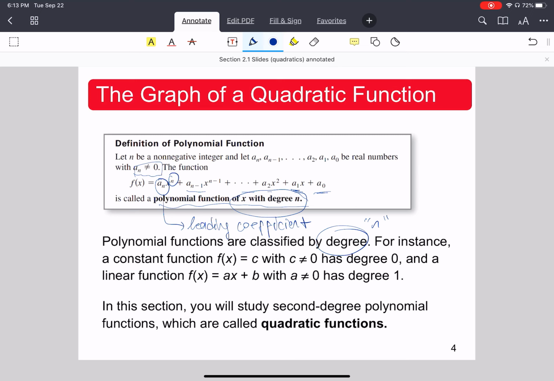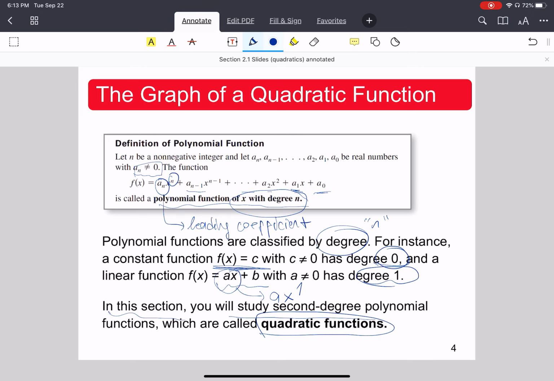For instance, a constant function, f of x equals c, has a degree 0 because it does not have any x. And a linear function like ax plus b has a degree 1 because we know that ax is a times x to the 1. We generally don't use 1 as an exponent, we just write x, but it actually has an exponent of 1. So in this specific section, you will study second degree polynomials, which is what we call quadratic functions.